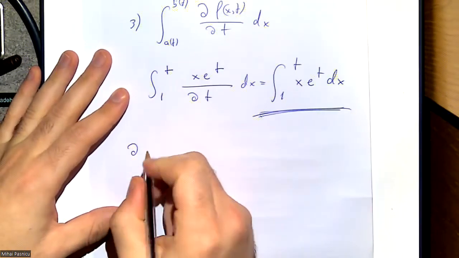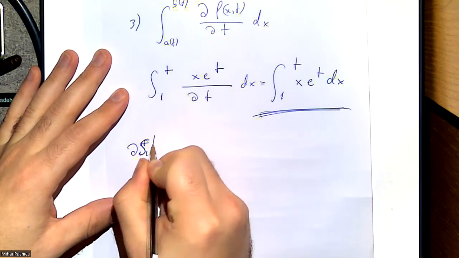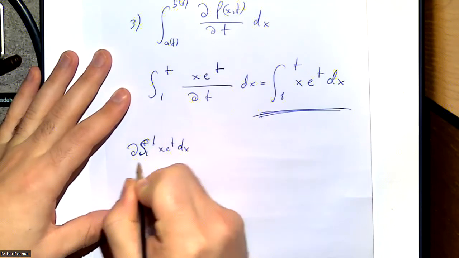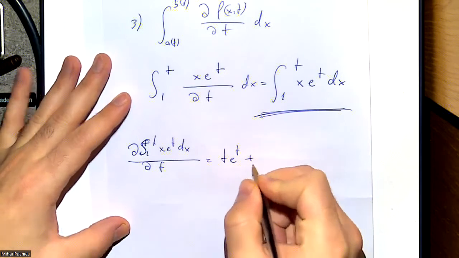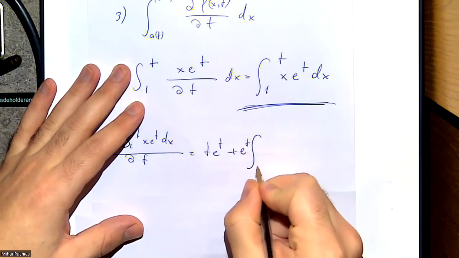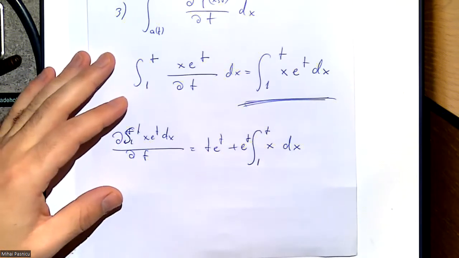So the final answer that I would give is this: the derivative of the integral from 1 to t of x e^t dx with respect to t is just equal to t e^t plus the integral. I said e^t is a constant because I'm taking the derivative with respect to x.